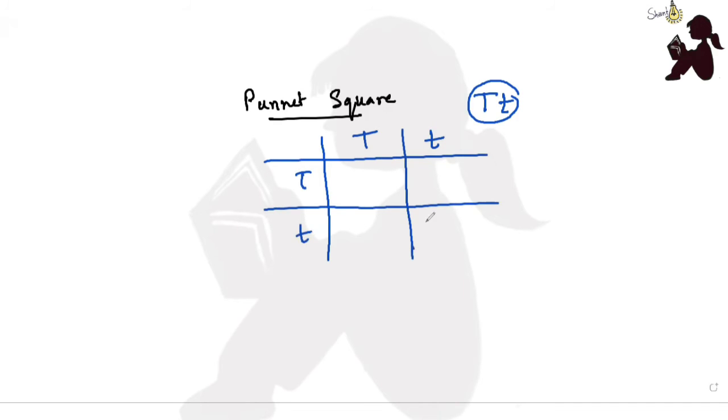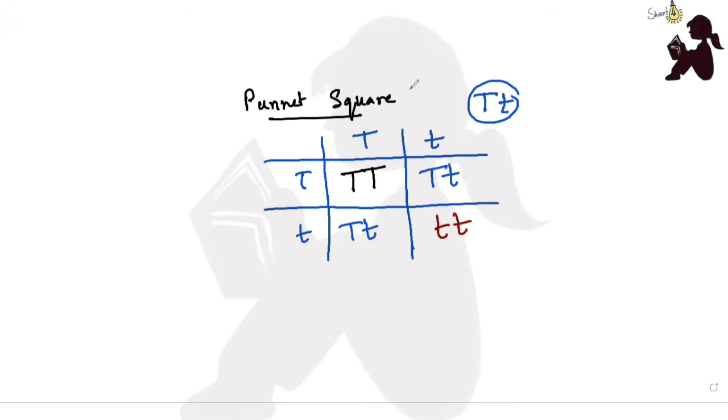So, in the simple mathematical calculation, here the result will be capital T, capital T, then capital T, small t, here again capital T, small t, and lastly small t, small t.